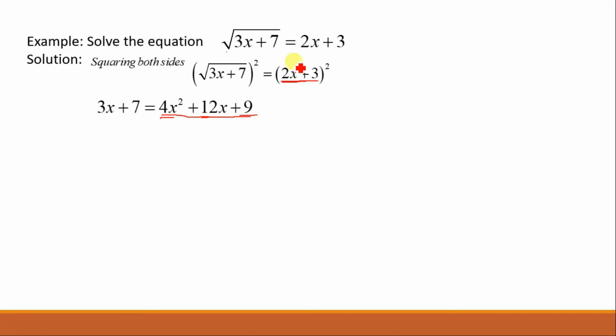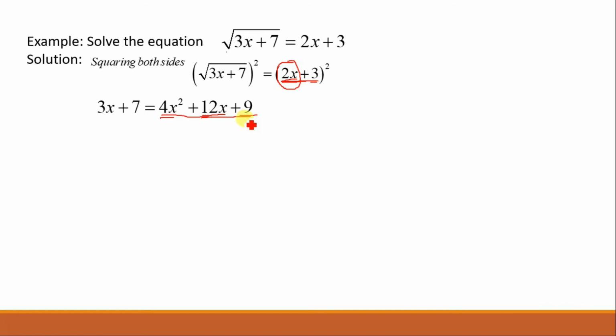A square means square of 2x, that is 4x square. Twice the product of a and b, twice the product of 2x and 3. Product of 2x and 3 is 6x, and twice of that is 12x, and square of 3 is 9.